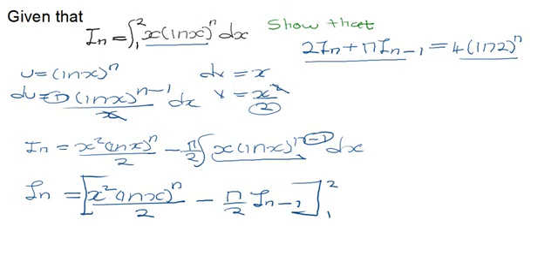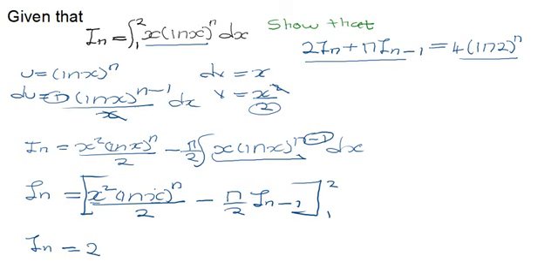But since I only have x here and ln x here, replacing with 1 gives ln of 1, and the natural log of 1 is equal to 0, so I don't have to worry about the 1 there. I just have to replace with 2. So my I_n will be equal to, while there is x here, I put 2, that would be 2 squared, that would be 4 divided by 2, that would be a 2.